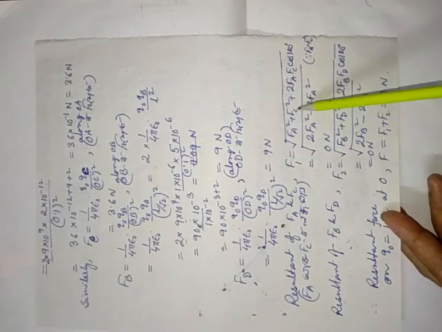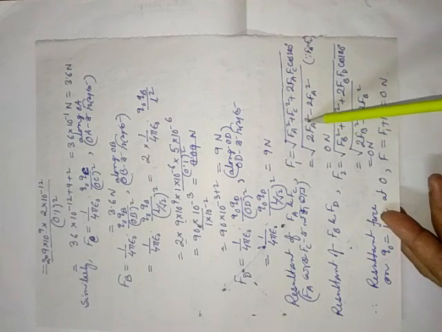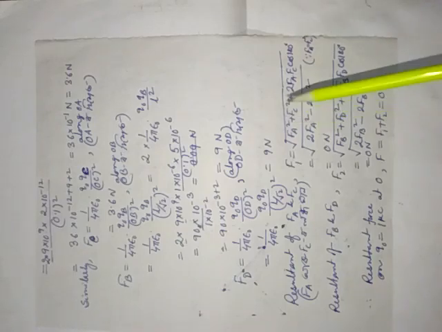Now see, the resultant will be what? Since FA and FC are equal, that is why instead of FC you can write FA. That is why twice FA square minus FA square, since cos 180 degree means minus. That's why it will be what? Twice FA square minus twice FA square, and ultimately all of you will get 0 Newton.